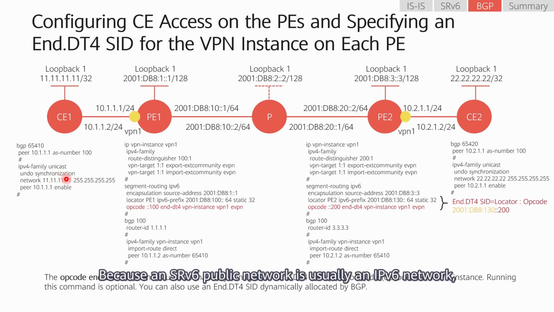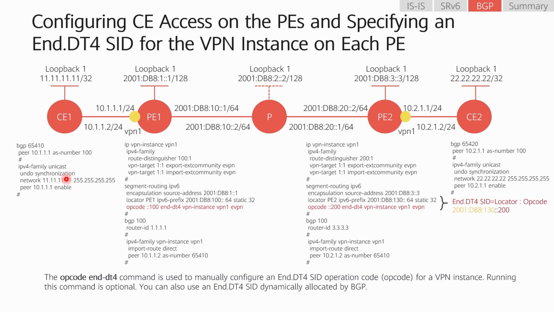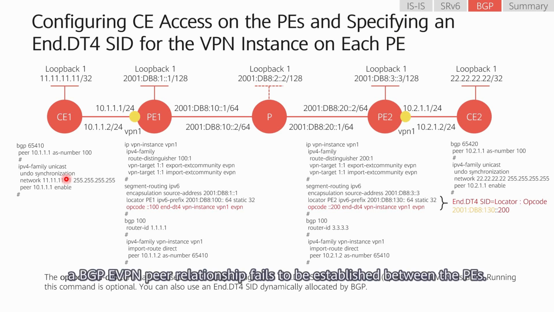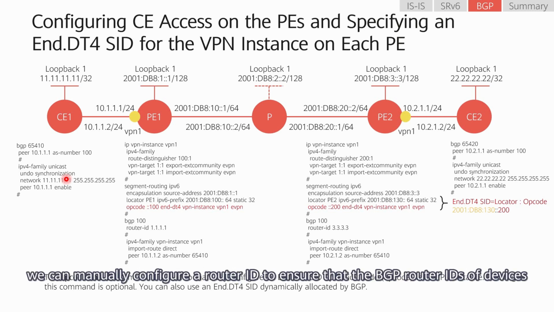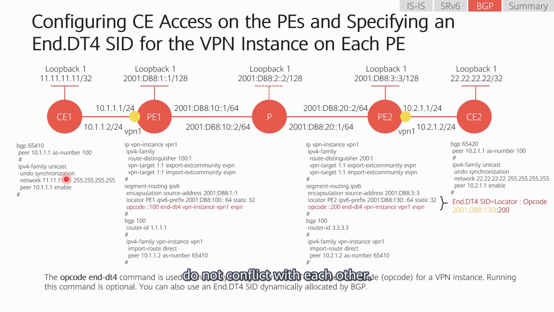Because an SRv6 public network is usually an IPv6 network, if the PE is configured to automatically generate a router ID, this router ID may conflict with another PE's router ID. If this is the case, a BGP EVPN peer relationship fails to be established between the PEs. For this reason, we can manually configure a router ID to ensure that the BGP router IDs of devices do not conflict with each other.